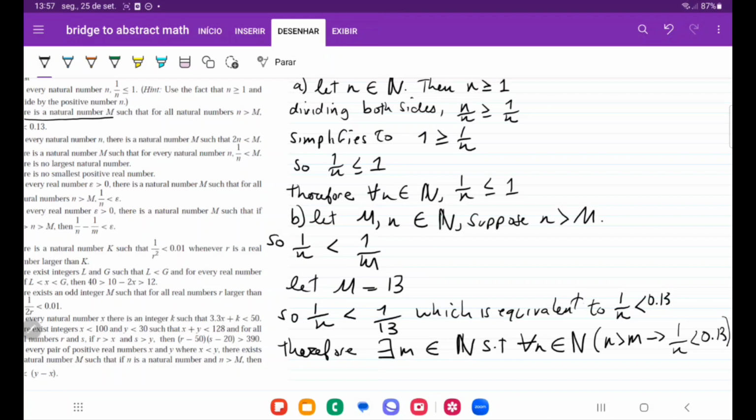So that is it for item B. So just to recap, therefore, there exists an m belonging to the natural numbers such that for all n belonging to the natural numbers, if n is greater than m, it means that 1 over n is less than 0.13.